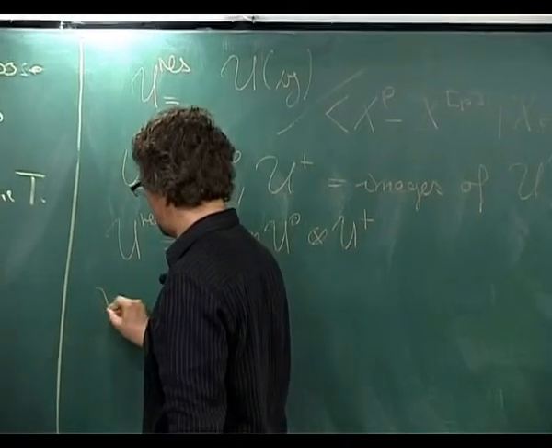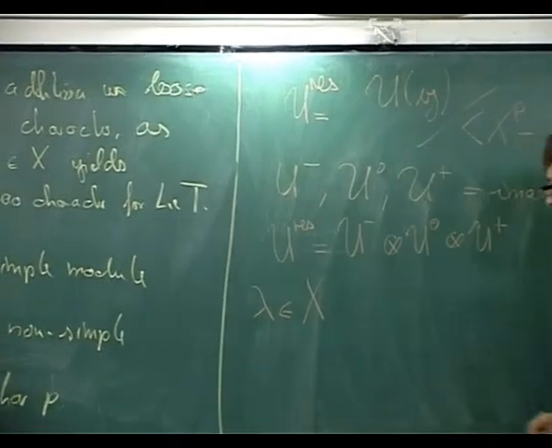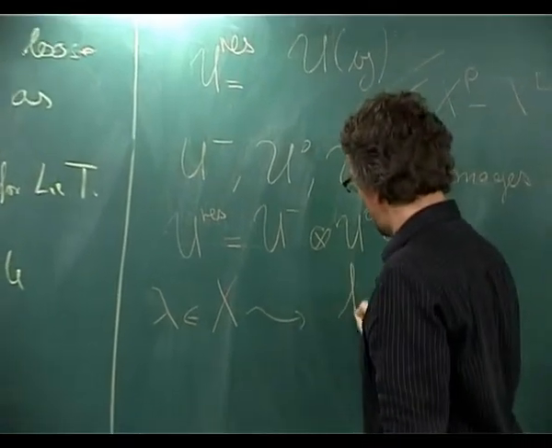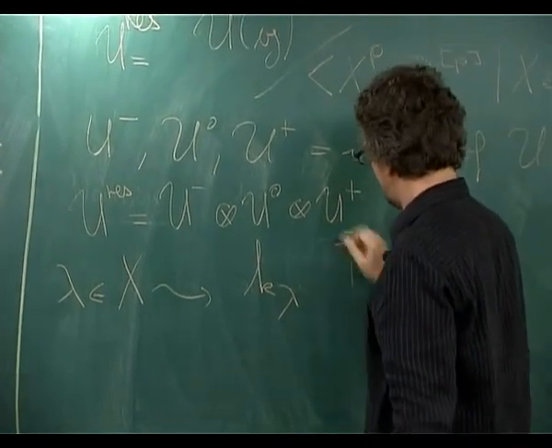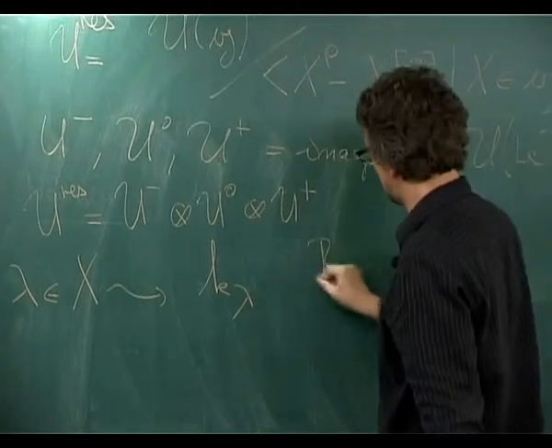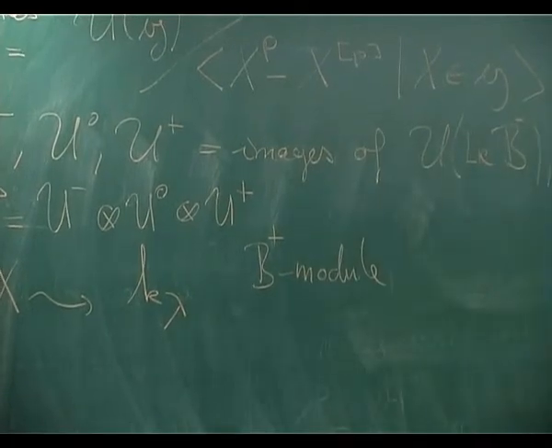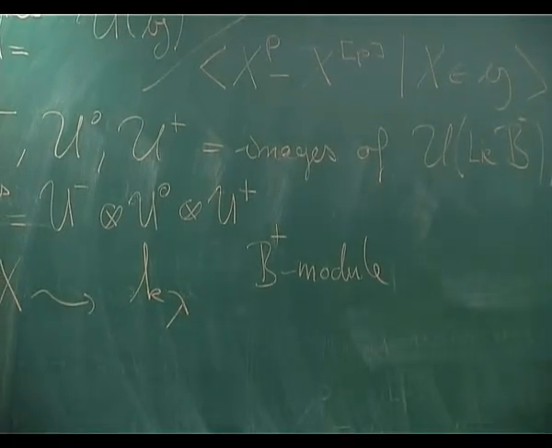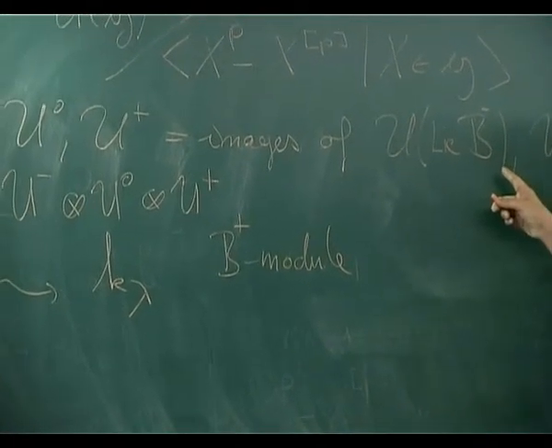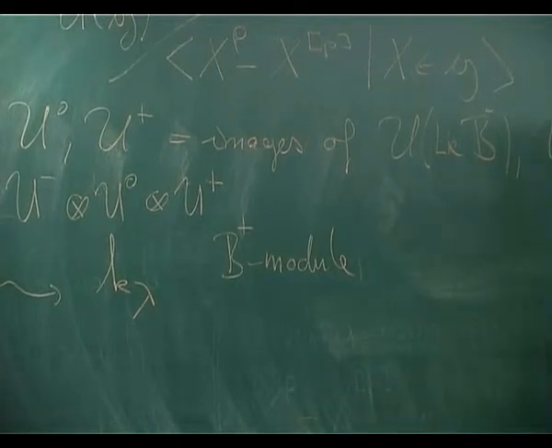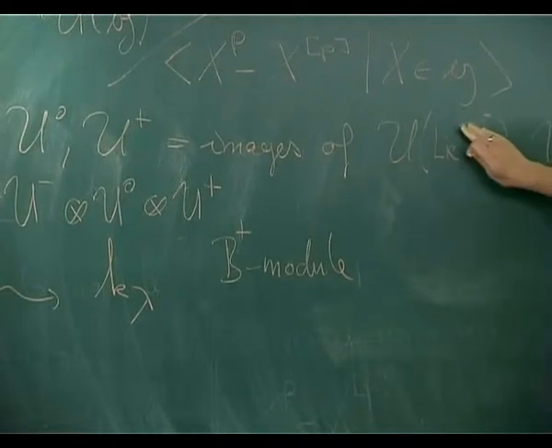So if lambda is in X, and these are still the characters of the torus of the group, then we have K lambda, the one-dimensional T module. So it's actually a one-dimensional B plus module, where the unipotent radical acts trivially. Sorry, I made a mistake here.